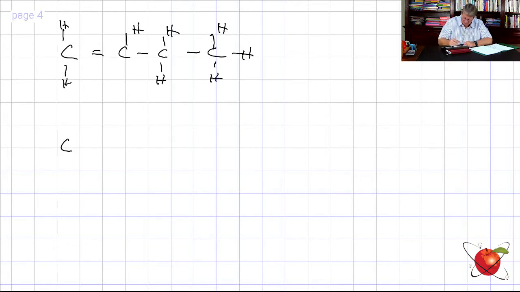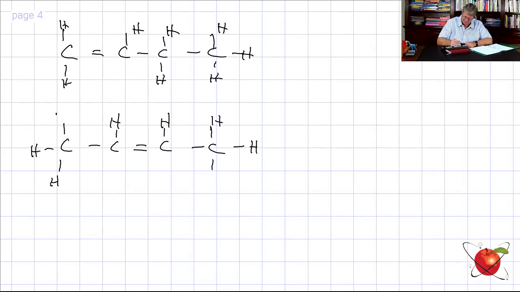Now look at this one: C, double bond C, single bond C. Let's just put our hydrogens on here, just for completeness, 4, 4, and 4 like that.